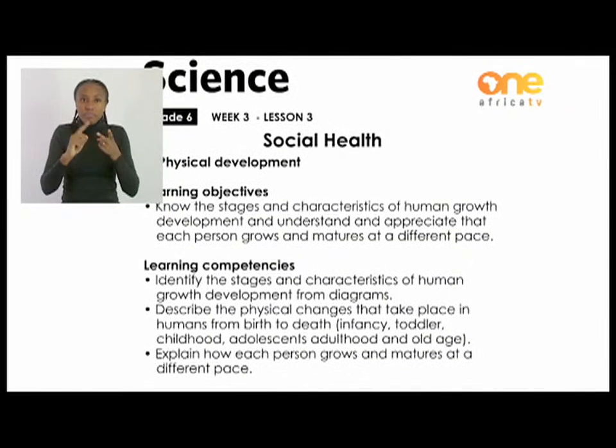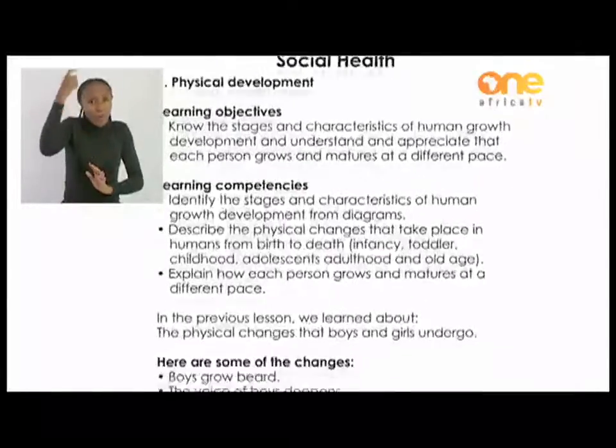Second competency. We'll be able to describe the physical changes that take place in human from birth to death. It means what happened to us as human beings during our lives. The third competency, we'll be able also to explain how each person grows and matures at a different pace.